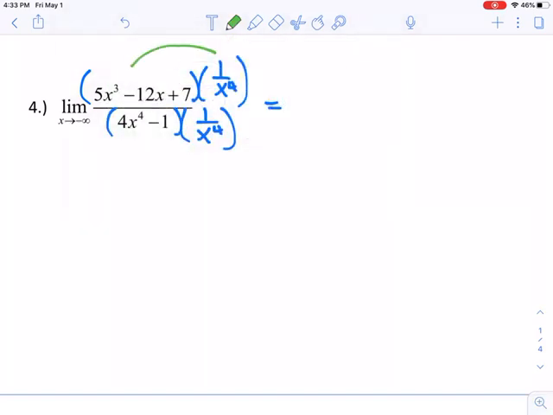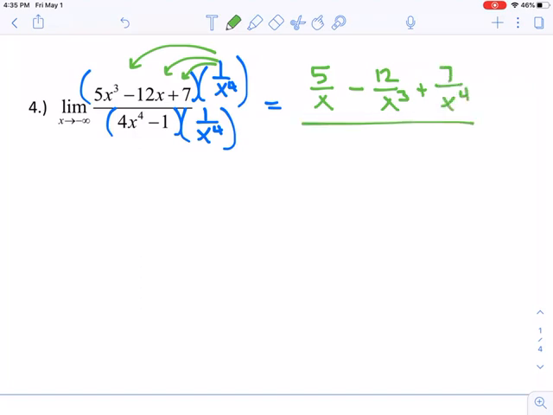When I distribute my 1 over x to the fourth to all parties in the numerator, I'm going to end up with a 5 over x minus 12 over x to the third plus 7 over x to the fourth. And in the denominator, I'm going to be left with a 4 minus 1 over x to the fourth.